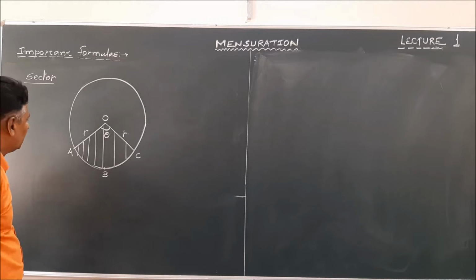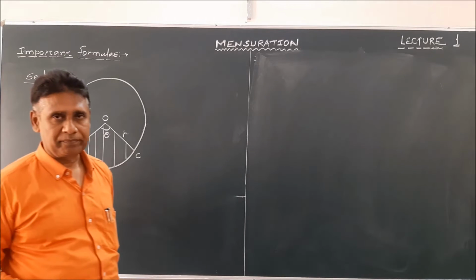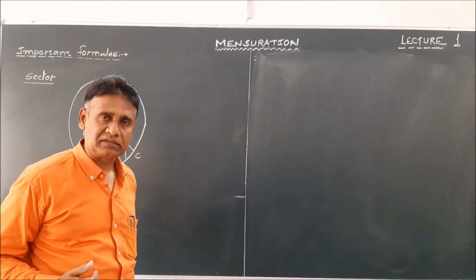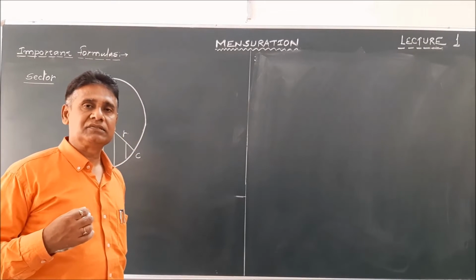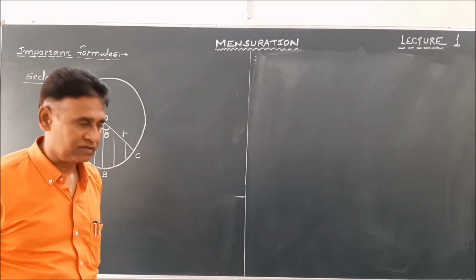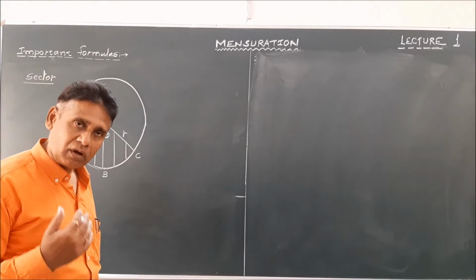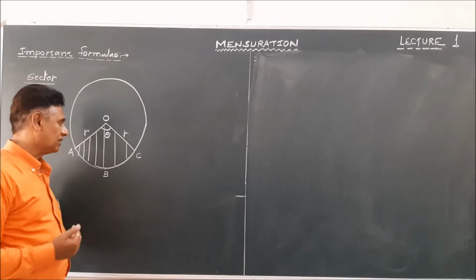Now you will find that there are two types of sectors. One is called a major sector, one is called a minor sector. A major sector is a sector which is larger than a semicircle, while the sector which is smaller than a semicircle is called a minor sector.